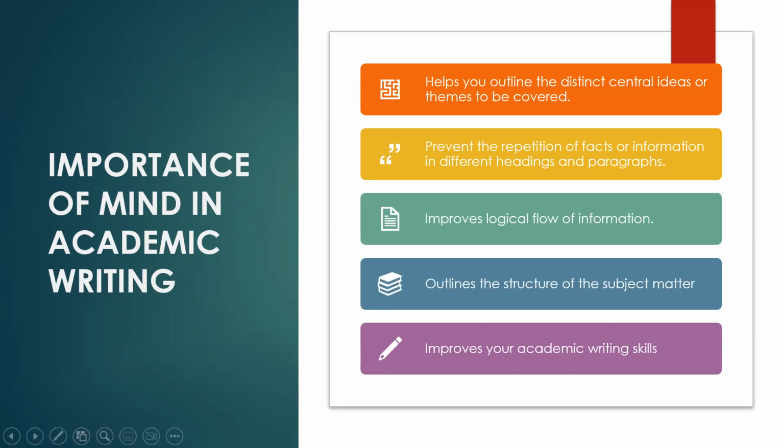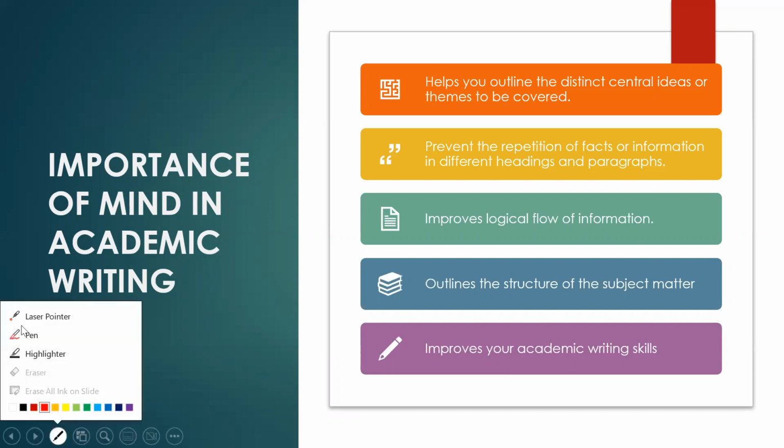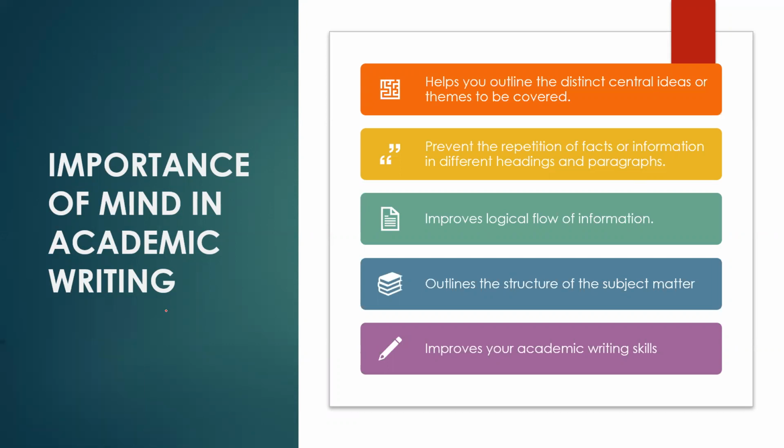So the first point that I want you to look at is point number one. The mind map will help you in outlining the distinct central ideas or themes that you want to cover in your write-up.